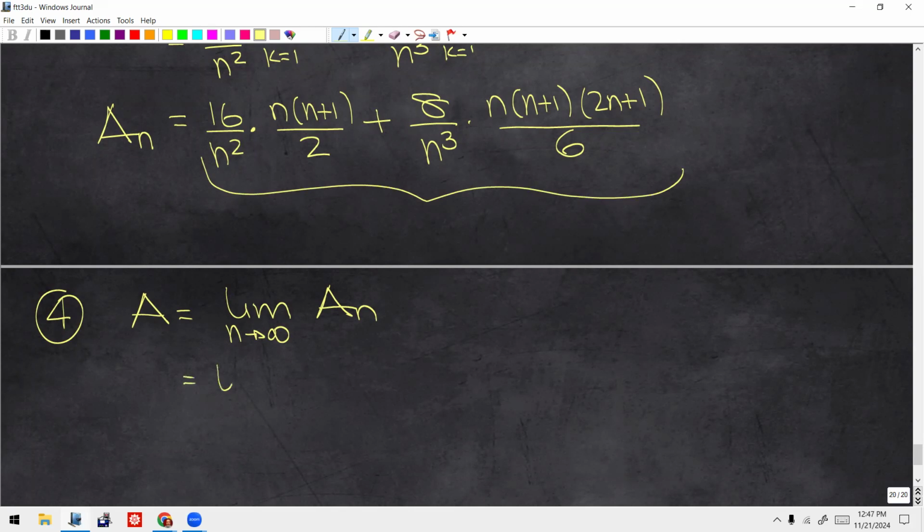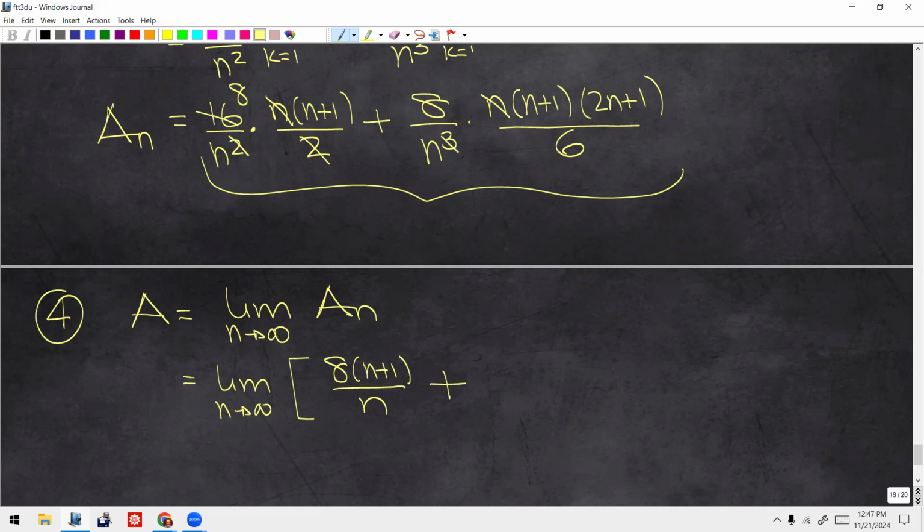So I get limit as n goes to infinity. Let's clean this up along the way. One of the n's will cancel. The 2 will become an 8. So I'll get 8 times n plus 1 over n. Right? What about the next one?